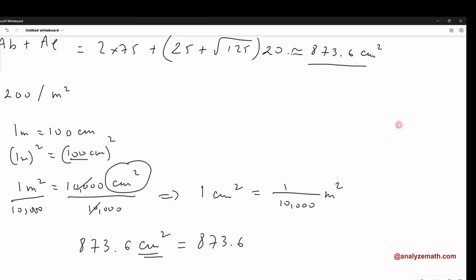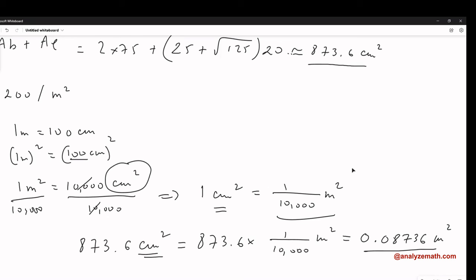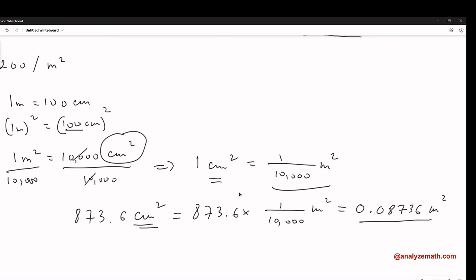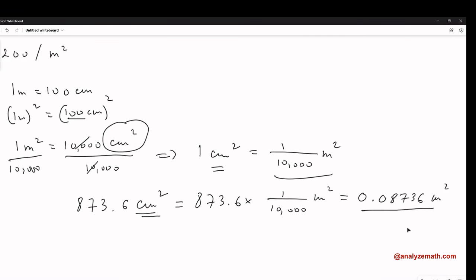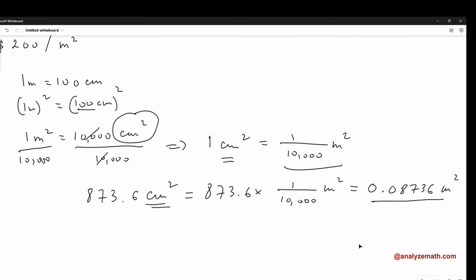Now we replace centimeter squared by 1 over 10,000 meter squared. When the calculation is done, we divide this by 10,000, that will be moving the decimal point 4 positions, and then we get this. So this is our area in meters squared.